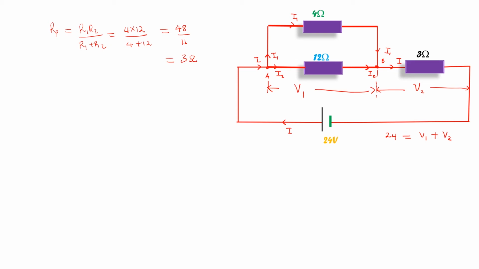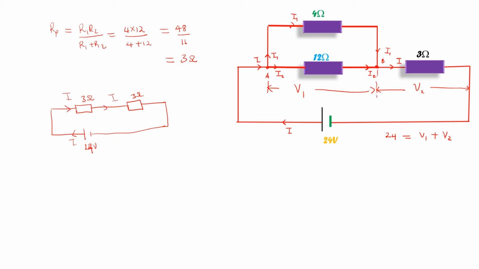Now if I resketch the new circuit, it looks like this. We have this 3 ohm resistor, which is the equivalent resistance after the combination, then another 3 ohm resistor, and these two now are in series. Why? It is because the current I flowing through the circuit will now flow through both of them.